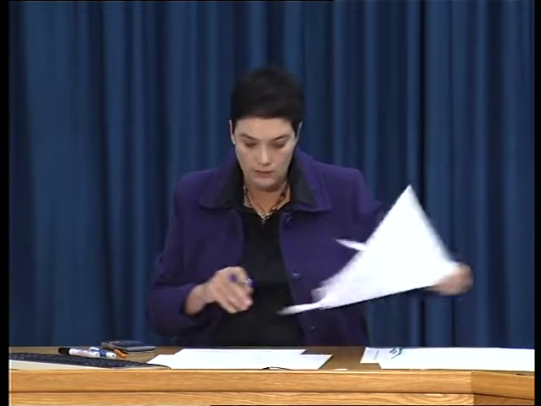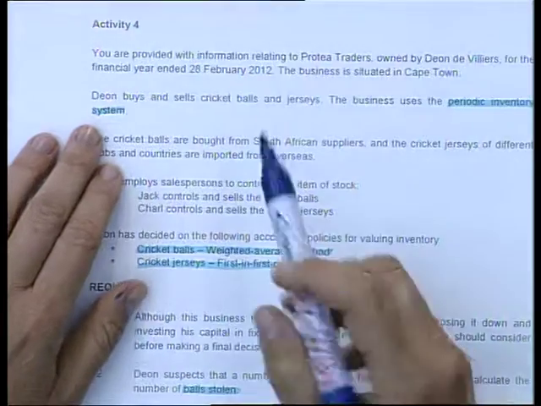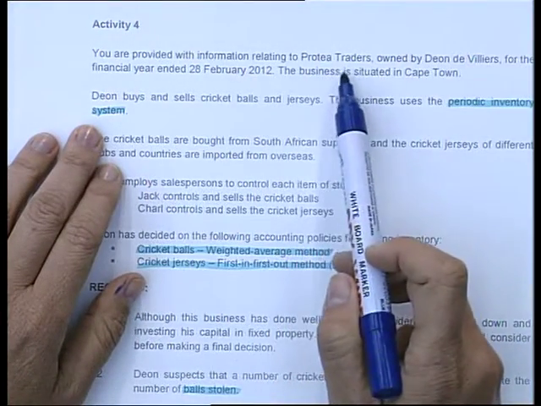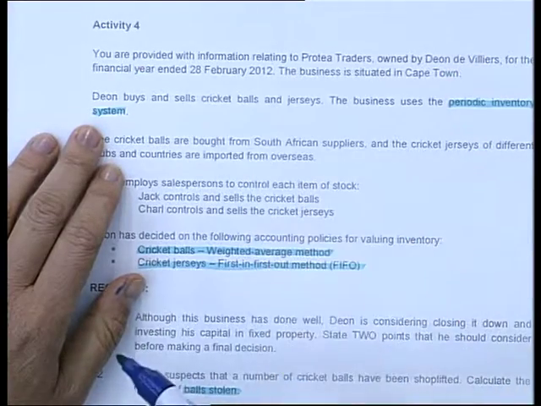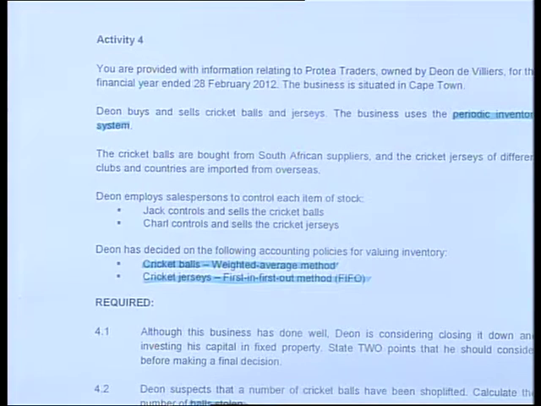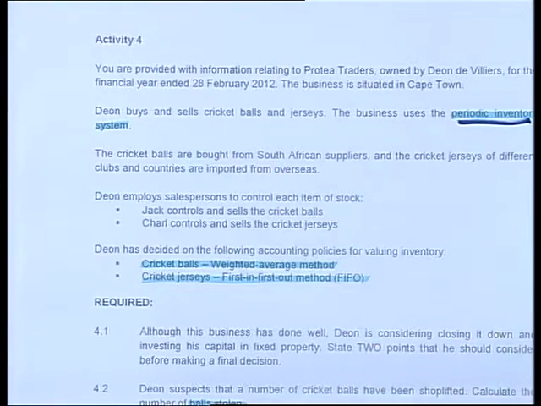Okay, so let's carry on to activity 4. You are provided with information relating to Protea Traders owned by Dion de Villiers for the financial year ended 28 February 2012. The business is situated in Cape Town. Dion buys and sells cricket balls and jerseys, and the business uses the periodic inventory system.